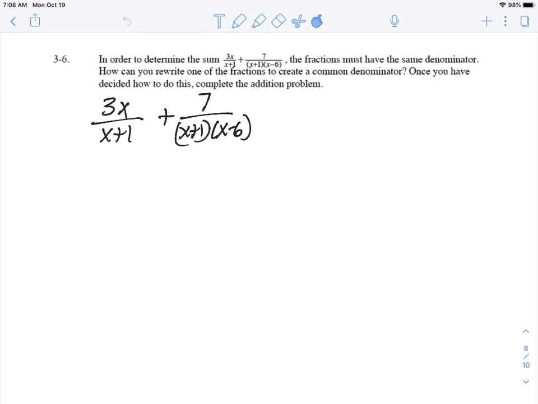Well, I don't have a common denominator, so I'm going to multiply by a giant 1 so that each rational expression has the same denominator. The one on the right has an x plus 1 factor and an x minus 6 factor. The rational expression on the left only has the x plus 1 factor. So I need to multiply by a giant 1 of x minus 6 over x minus 6.